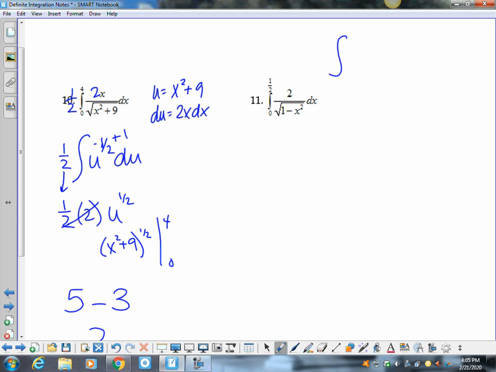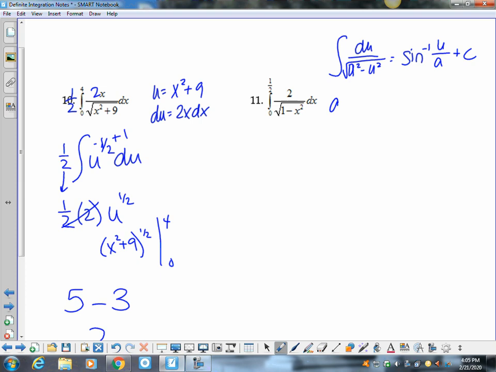So if we do the integral, it's du over the square root of a squared minus u squared equals inverse trig of u over a plus c.